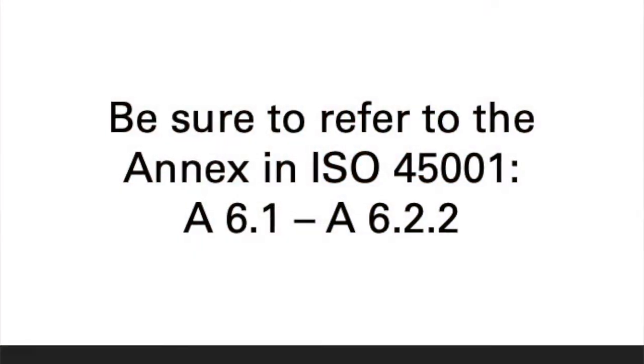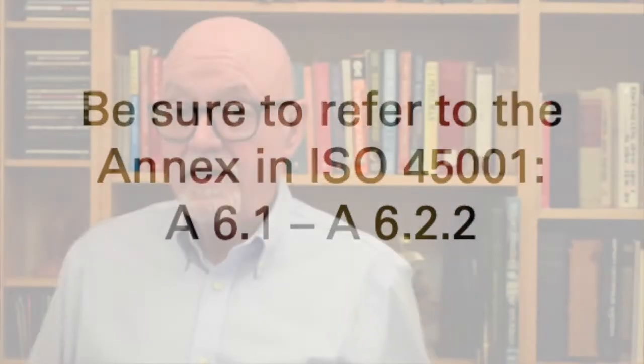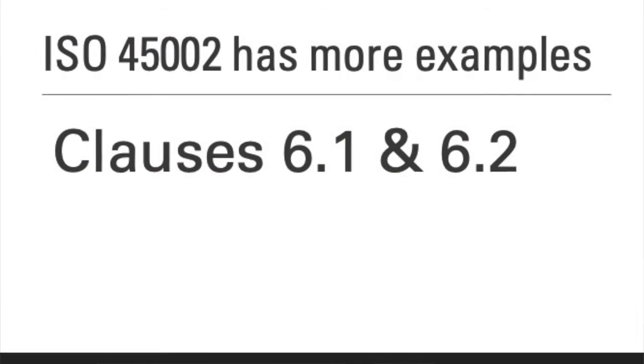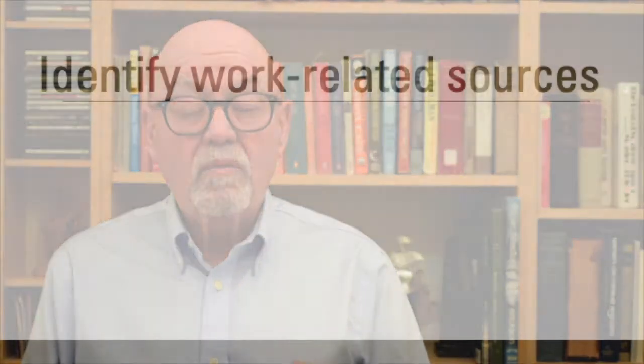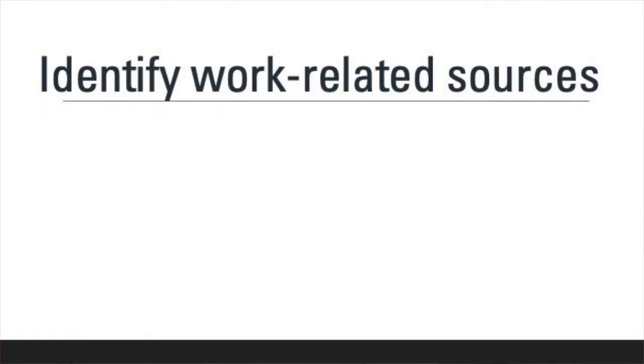Hazards are a whole class in themselves. You'll see lots of information in the annex, and you'll see more information in ISO 45002 as well. So we can find hazards in lots of areas. There are work-related sources for hazards. These would be things like WHMIS, the Workplace Hazardous Materials Information System. There can be things your employees have to use to maybe clean something, solvents. Could be the CFCs.